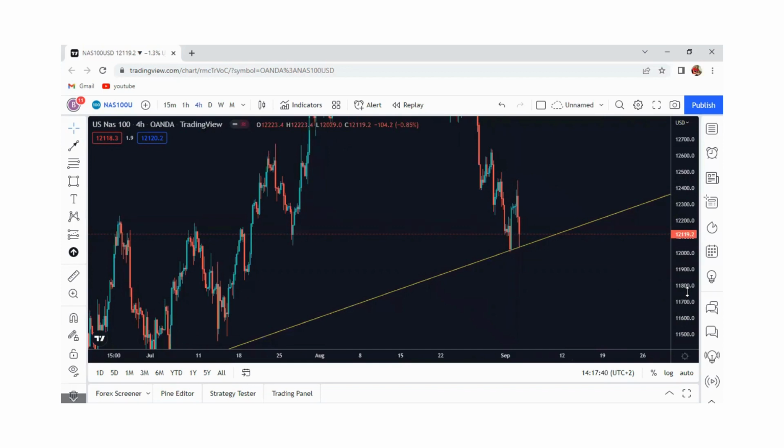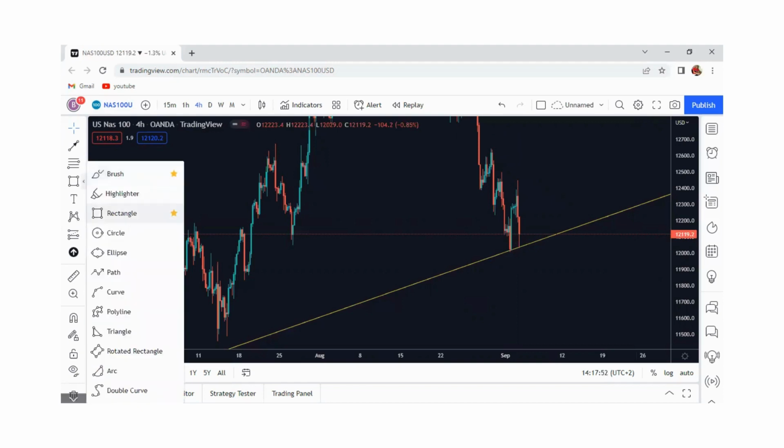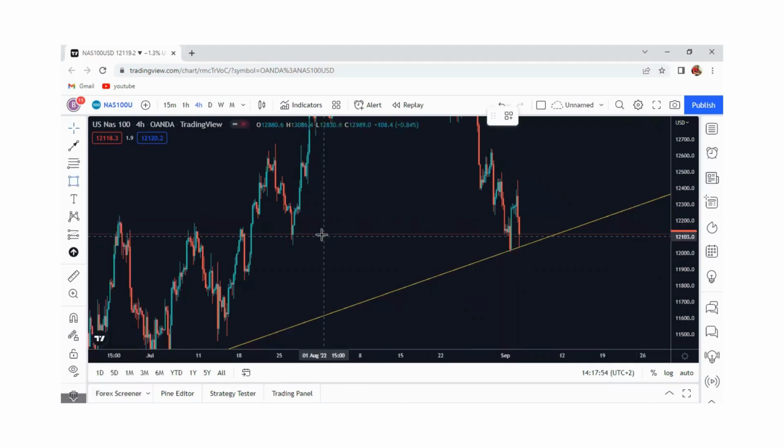Then that's when I'll definitely change my mind. But for now, I'm still looking for a sell entry. So let's do the zone here. I just want to show you. If it breaks this zone, that's when I'll get ready for a sell entry.